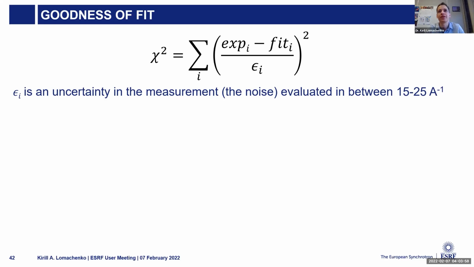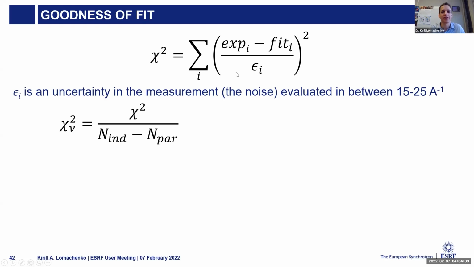For a given spectrum, it influences the value of chi-squared, but since it doesn't change with the structural parameters, it's just a scaling factor, so it does not change the minimum. And here chi-squared is not chi of k. We just ran out of letters, so it's not the same chi. Chi of k is a signal, chi-squared is a measure of goodness of fit, but it's not the same thing.